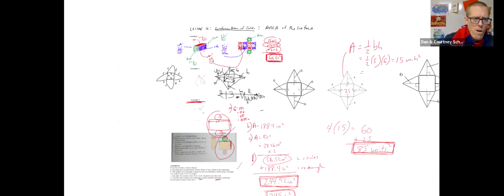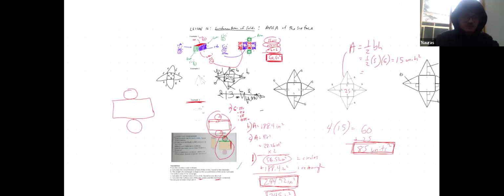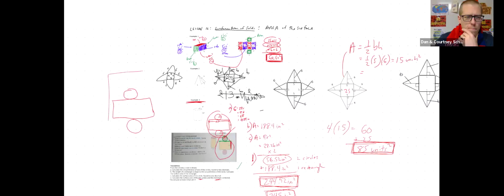Basically, if we draw our picture again, there's really only three sides to a cylinder. There's a top, a bottom, and then a side that goes all the way around. This is the lateral side.